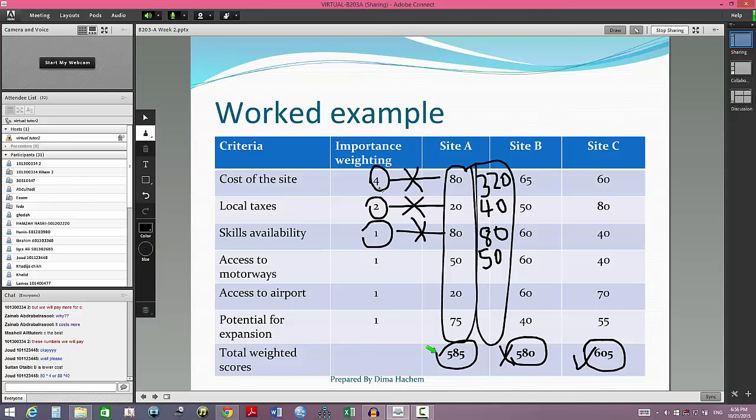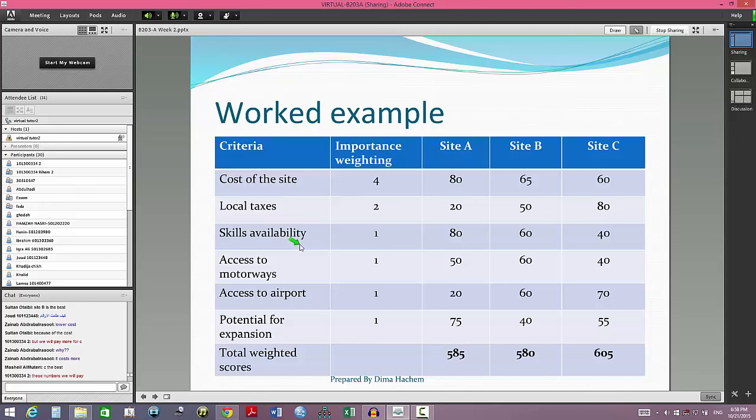Zainab said it's the lower cost. Yeah, it's the lower cost, but when you add all the criteria together, you will find that site C is the better one. For the skills availability, site A is the best, because site A has more skills available.